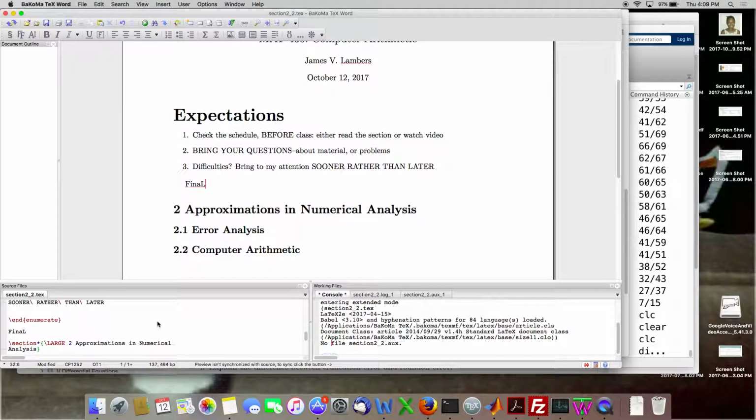Final. I'm going to break this down in two parts. Those of you who took 285 with me will find this familiar. One part is like the exercises, except not the ones that deal with MATLAB, because I'm not going to have you guys coding during the final.